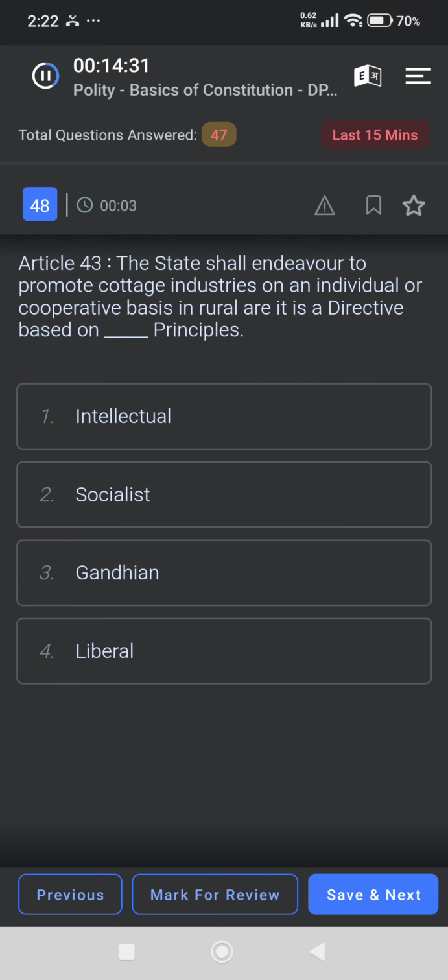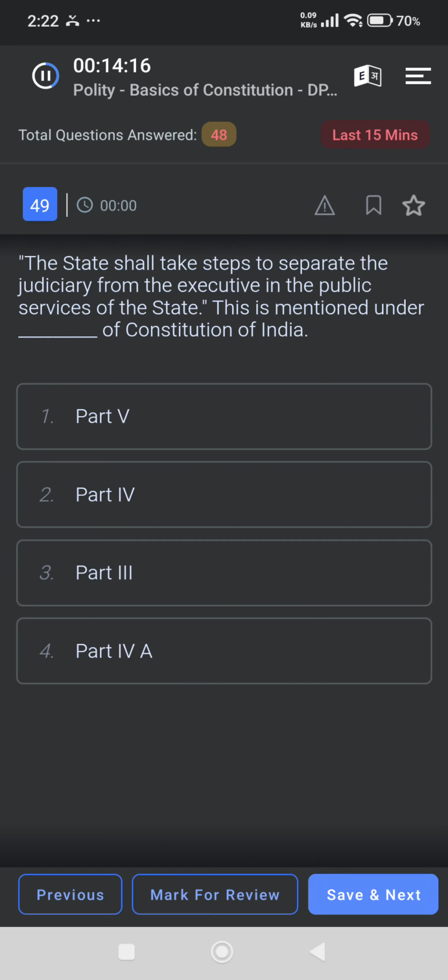The state shall endeavour to promote cottage industries on an individual or cooperative basis in rural areas; it is a directive principle based on Gandhian principles. The state shall take steps to separate the judiciary from the executive in the public services of the state.